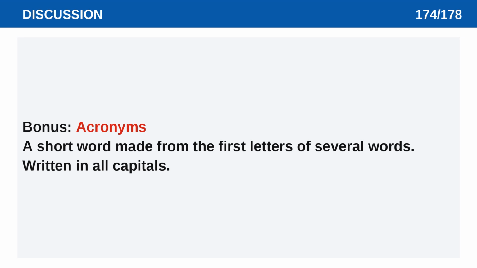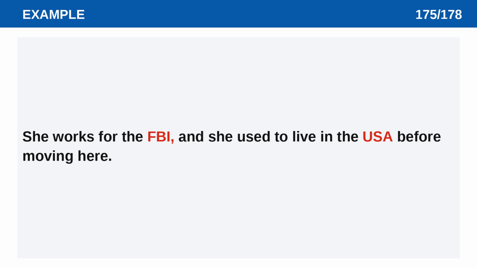One more thing worth knowing. An acronym is a short word made from the first letters of several words. Acronyms, like USA or FBI, are written in all capitals, since each letter stands for a full word. She works for the FBI, and she used to live in the USA before moving here.